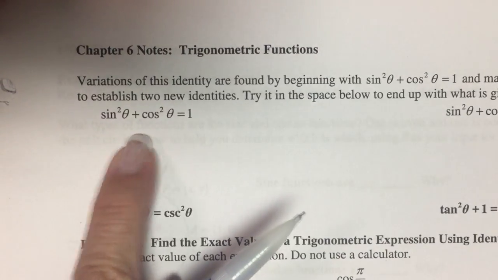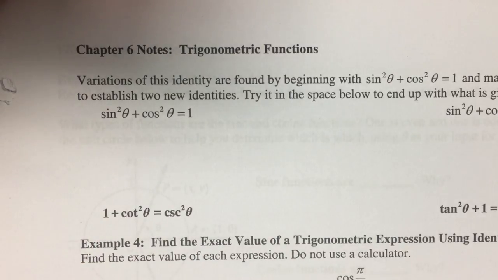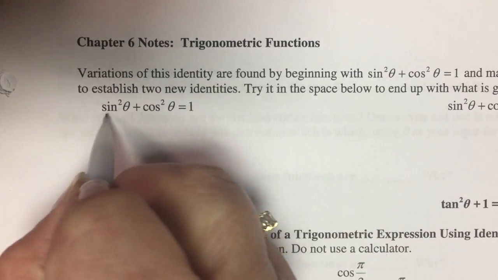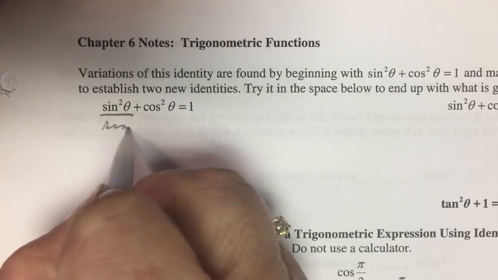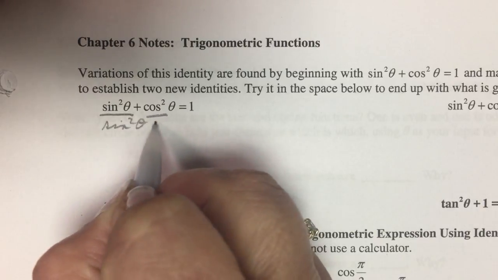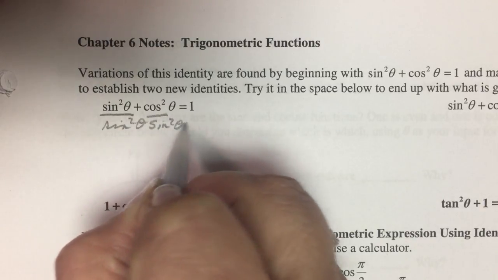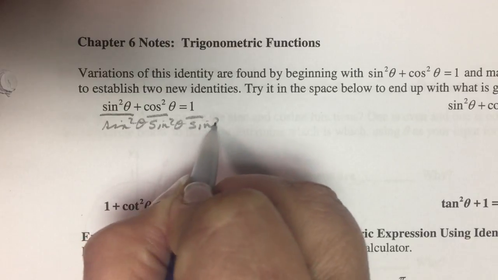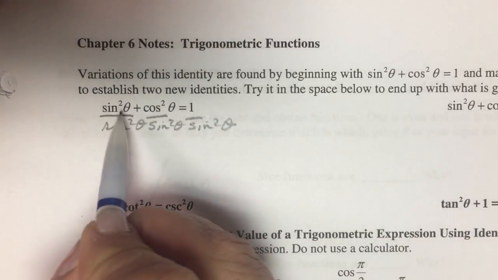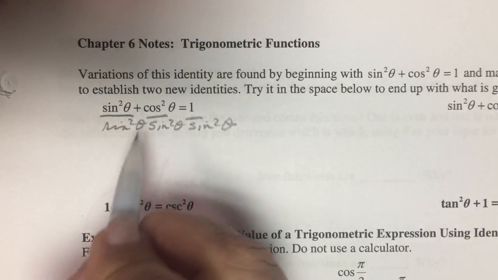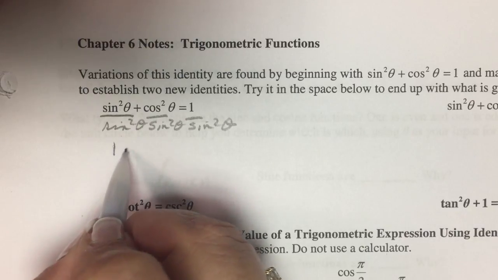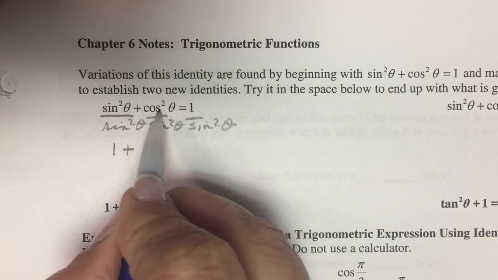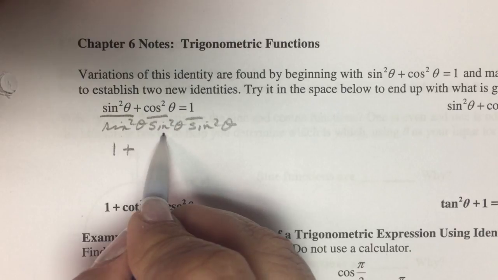If you start with sine squared theta plus cosine squared theta equals 1, and if I divide everything through by sine squared theta. Well, let's see. Sine squared theta divided by sine squared theta, that's 1. Plus cosine squared theta divided by sine squared theta.